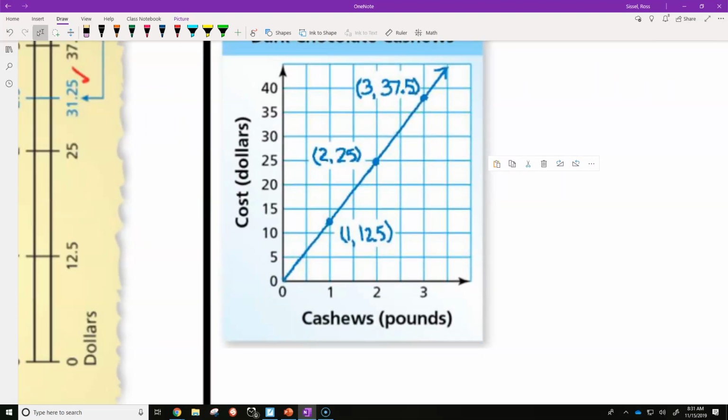Right here. Where would my answer be? I don't need what the answer is right now. But if it said 2.5 pounds of cashews, where would that answer be? Avery? Trying to do a little redemption since you said 45 before. This is the 2, this is the 2, 2.5. Good. So where would the cost be at then?